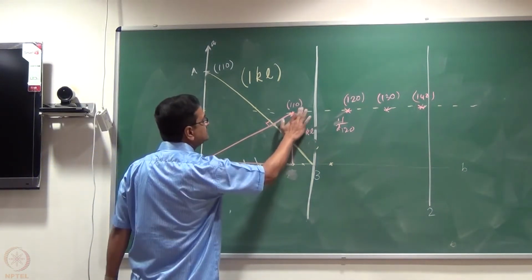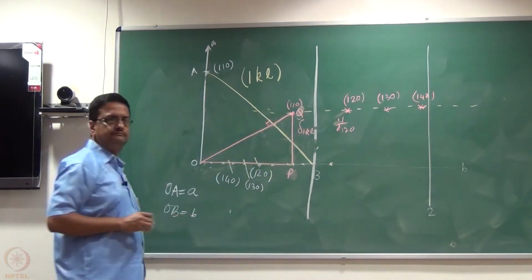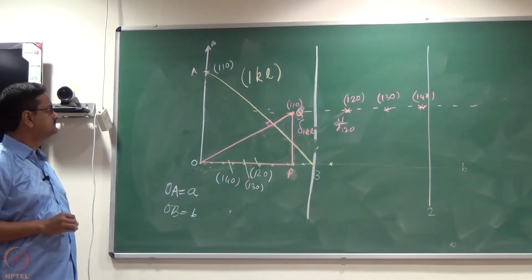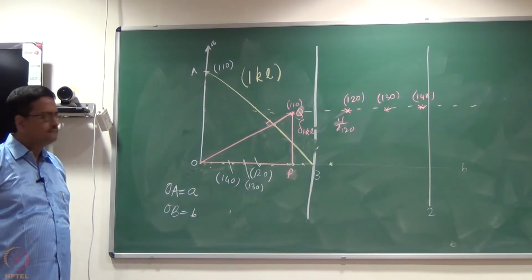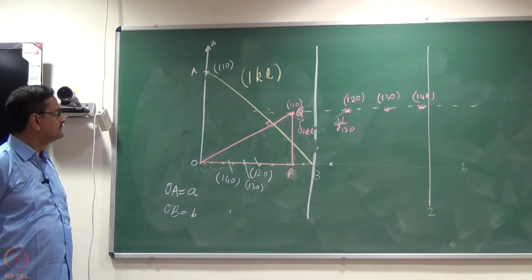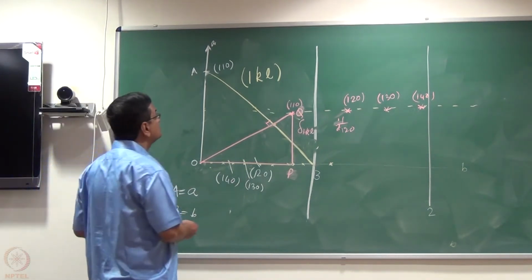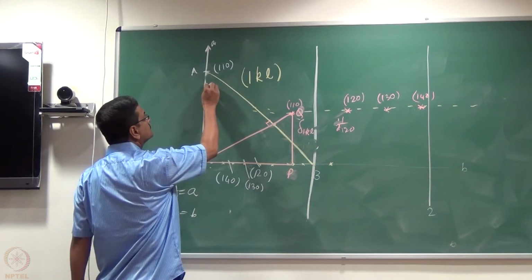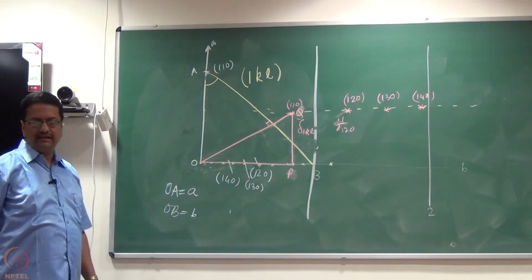So suppose this is P and Q. What is this angle?